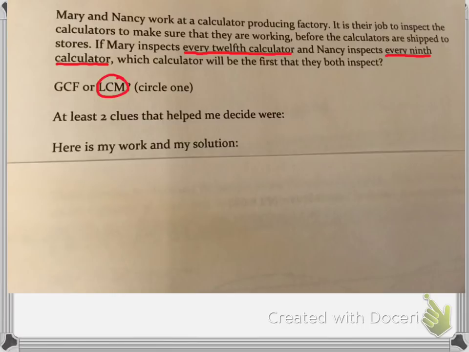Okay? So 2 clues that help me decide were the every 12th calculator, every 9th calculator.